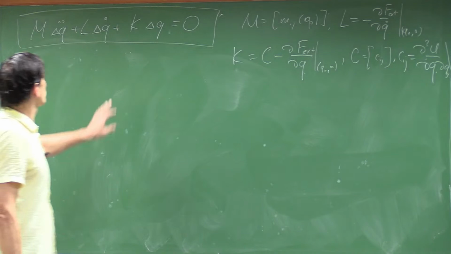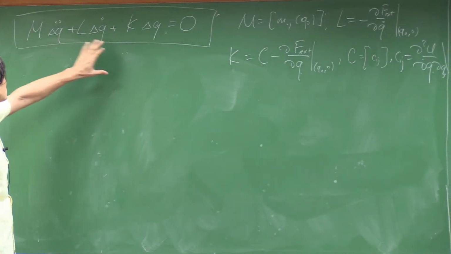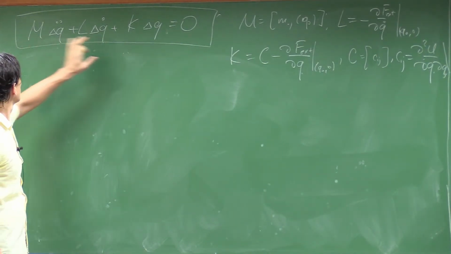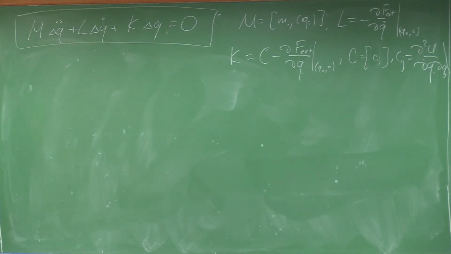So what is important is that we have a linear equation with three matrices, M, L, K, and these three matrices are defined by the original system. So these are just linear terms.